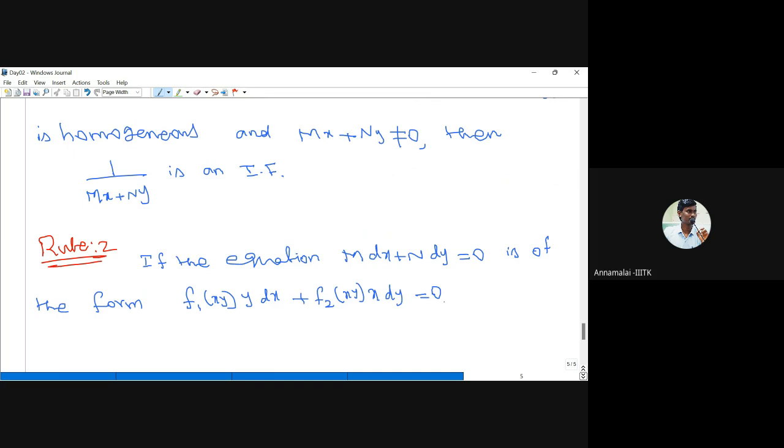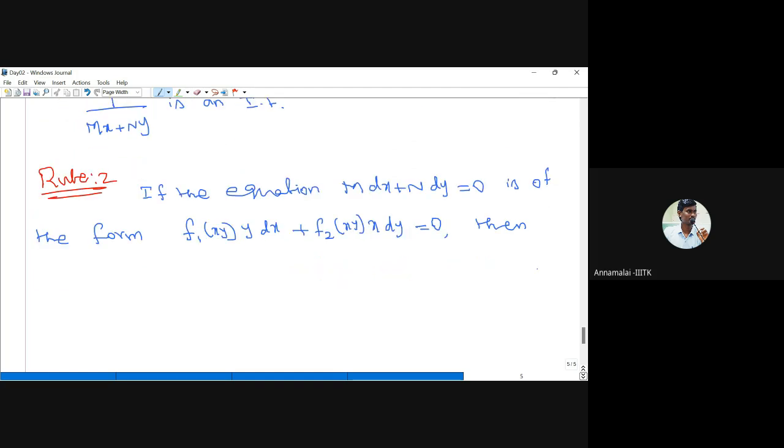Then the integrating factor is 1 by (Mx minus Ny).